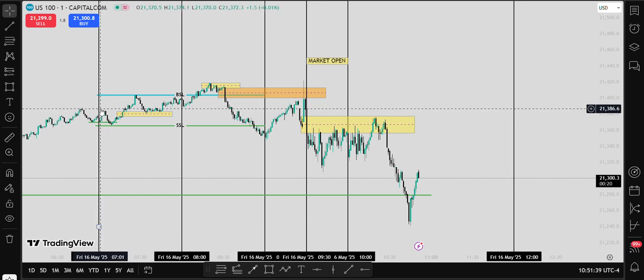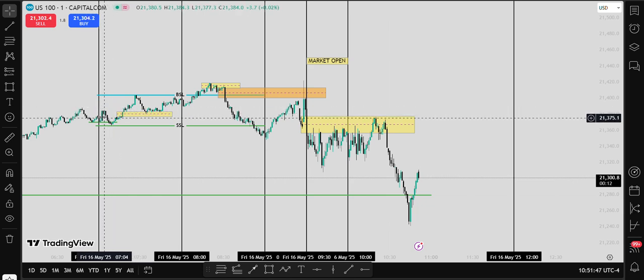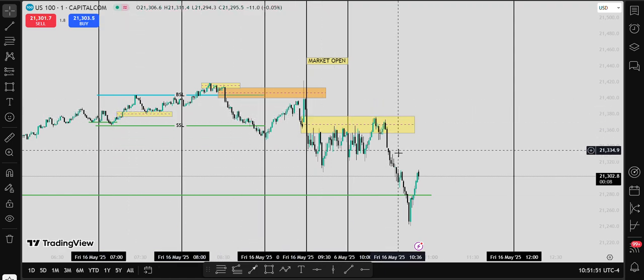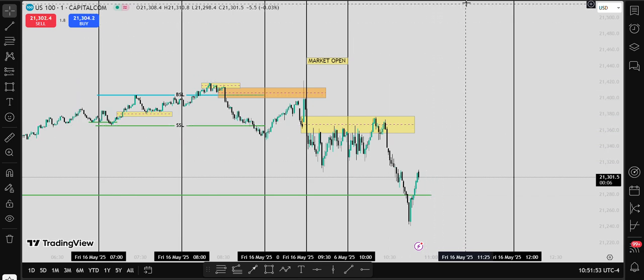This is going to act like the power of 3, where we have a lot of manipulation, then we have accumulation, then we have distribution.